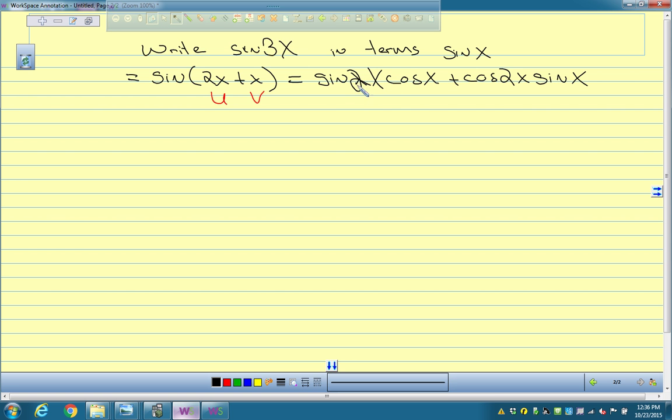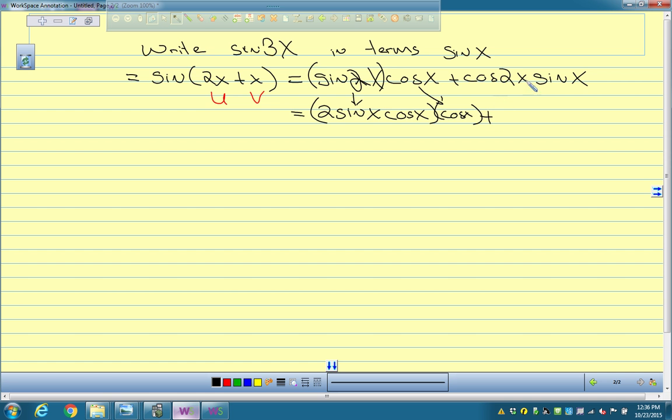Then you use your double angle formula to rewrite this. So this is equal to 2 sine x cosine x times another cosine x, because I'm rewriting sine 2x as this, times this cosine x over here.